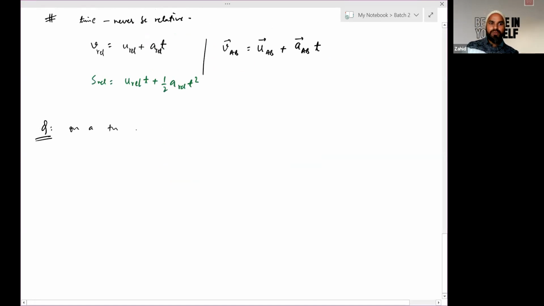On a 2-lane road, car A is going towards east at 36 km per hour.